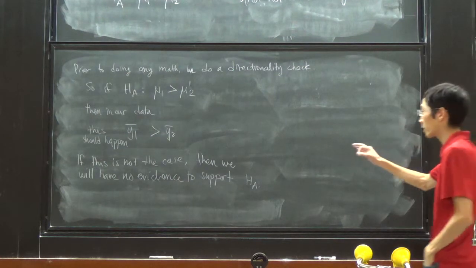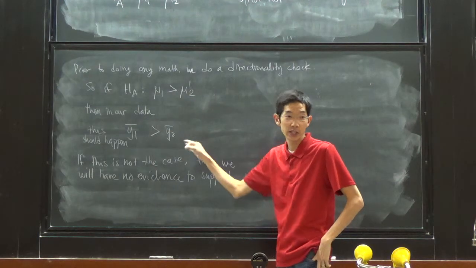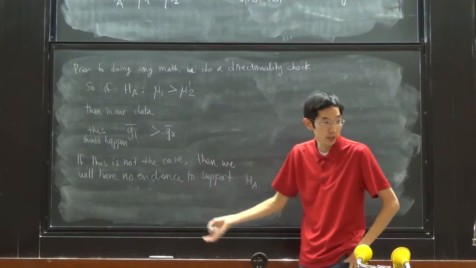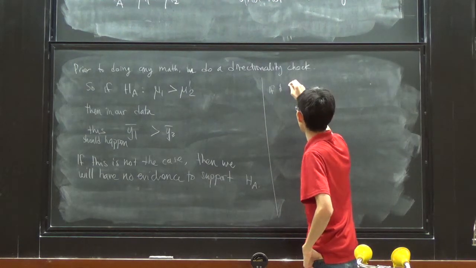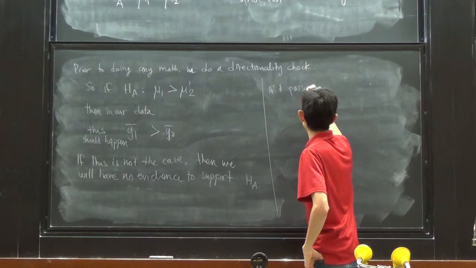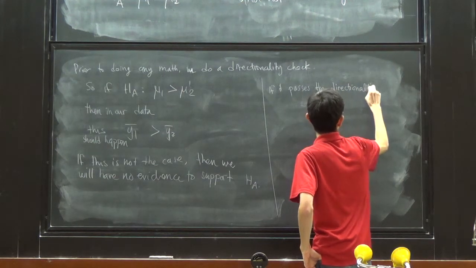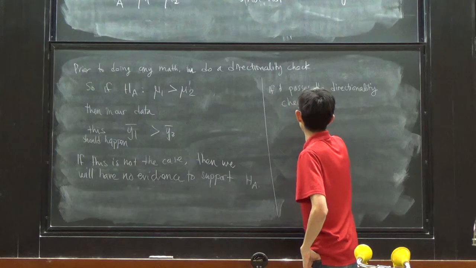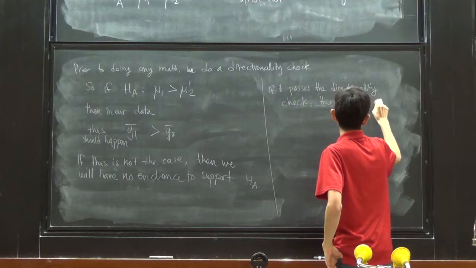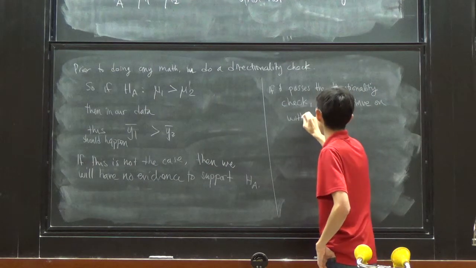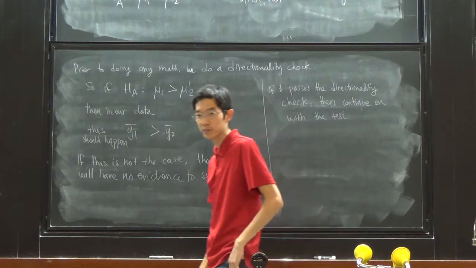But if it passes the directionality check, meaning the alternative says this and your data matches that, then yes, go forward with the test in the same way. Yes?